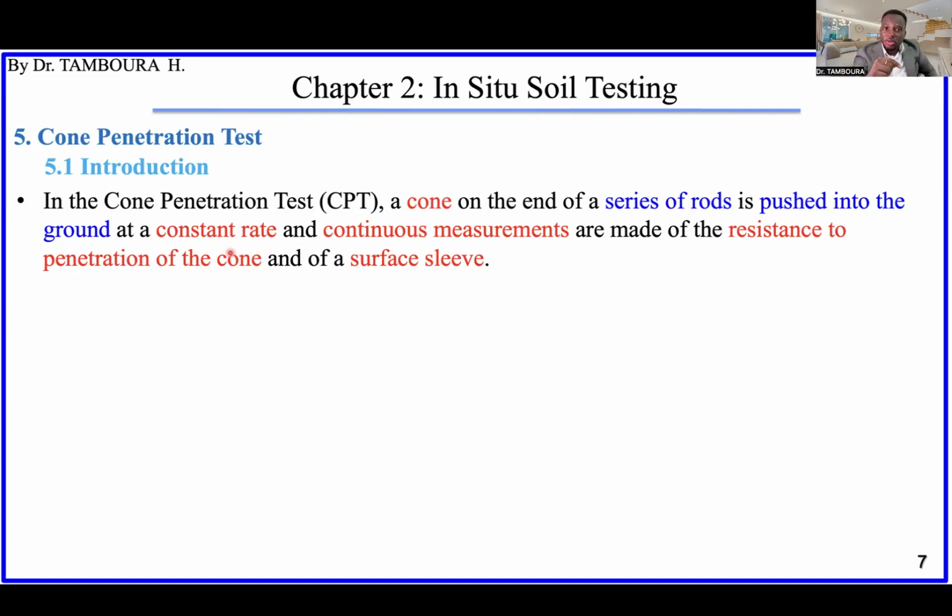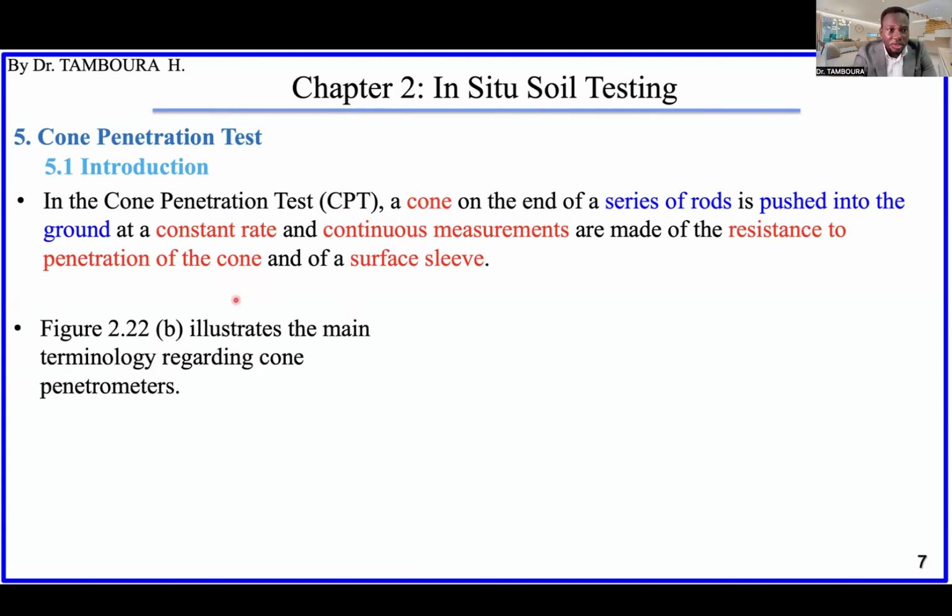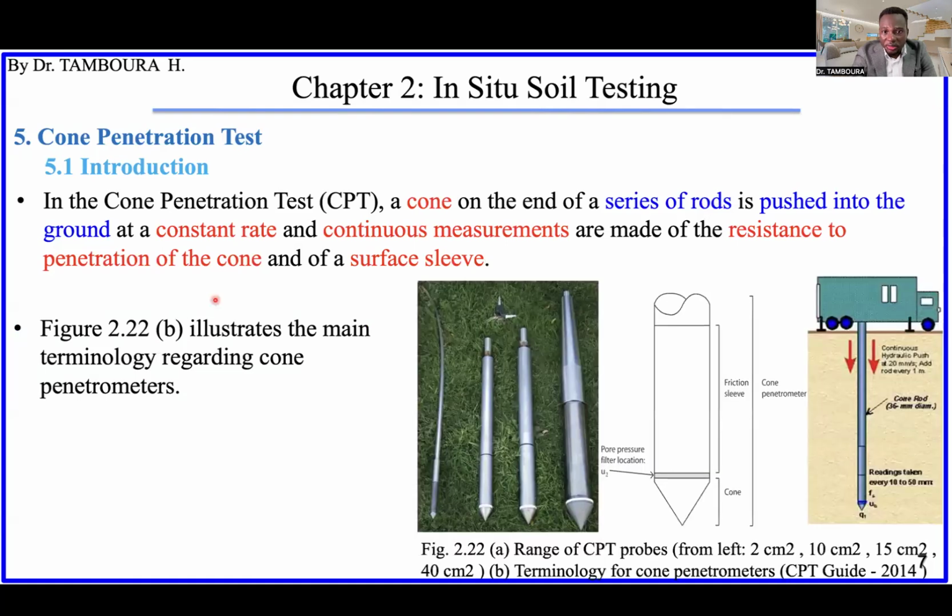The penetration rate of the cone is constant and continuous. We can do continuous measurement of the resistance to the penetration, the cone resistance and sleeve friction. This figure is giving us a lot of information.